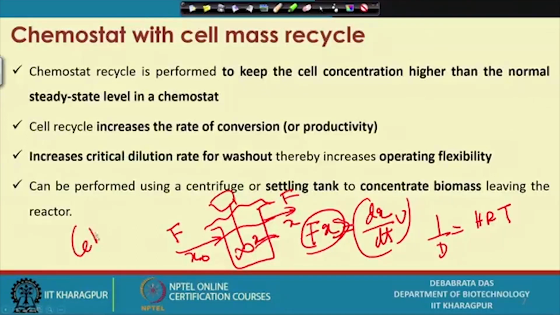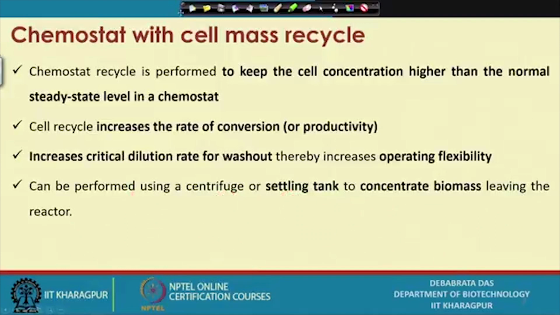Naturally your cells will not grow inside the reactor, and before they grow, you are taking the liquid out of the reactor. That is why we face the situation we call cell washout. Washout means that after some time there is no cell present inside the reactor. This is the major drawback of the chemostat process.